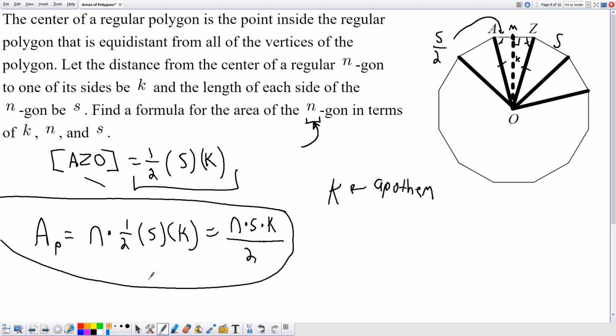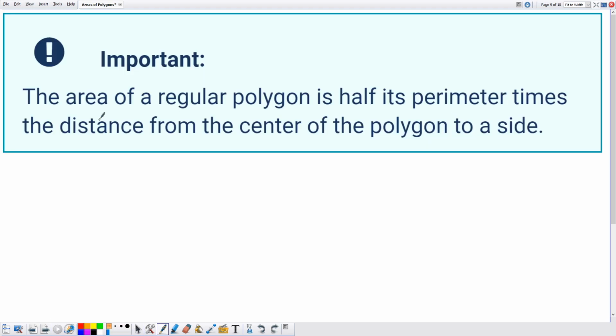All we need to know is that for any regular polygon, the area can be found by multiplying the number of sides times the length of each side times the length from the center to the side, and dividing that in half. This becomes a general formula that works for any regular polygon: half its perimeter times the distance from the center of a polygon to its side.